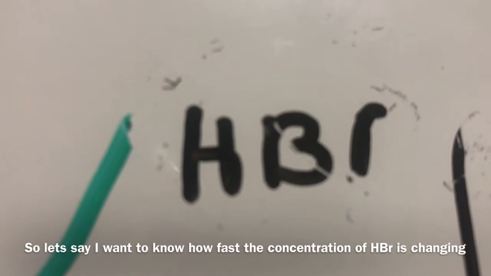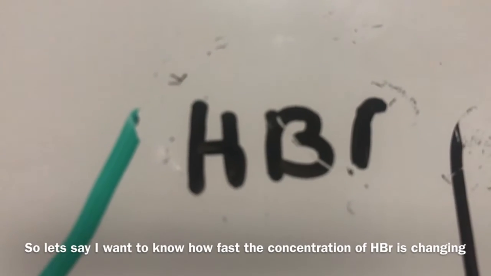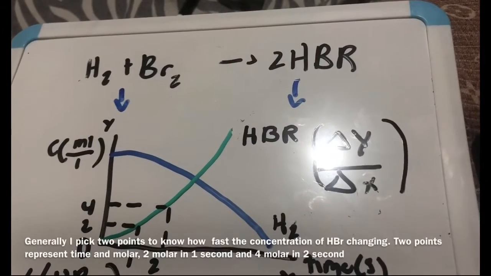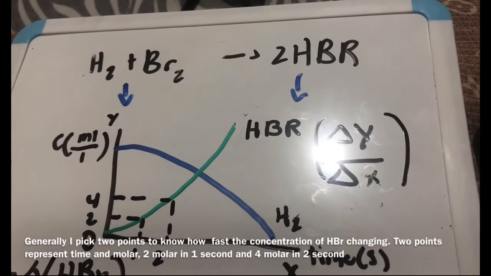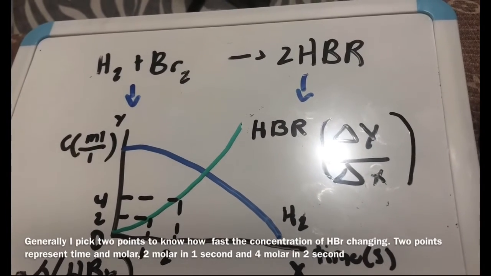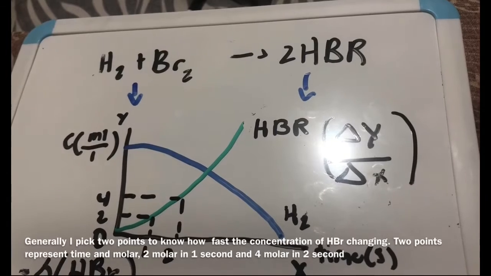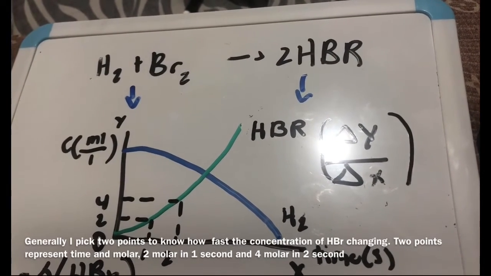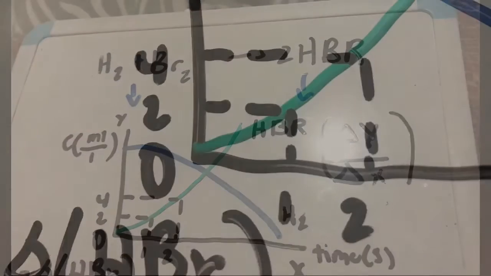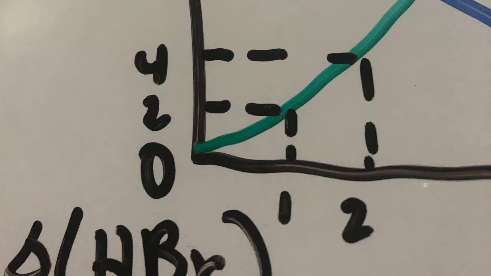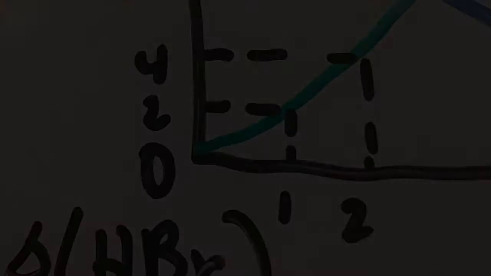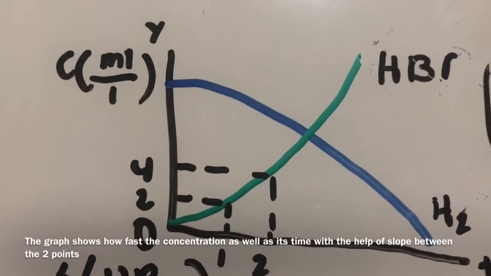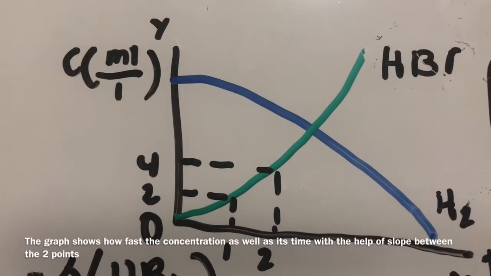So let's say I want to know how fast the concentration of HBr is changing. Generally, I pick two points to know how fast the concentration of HBr is changing. The two points represent time and molarity: 2 molar at 1 second and 4 molar at 2 seconds. The graph shows how fast the concentration changes with time with the help of the slope between the two points.